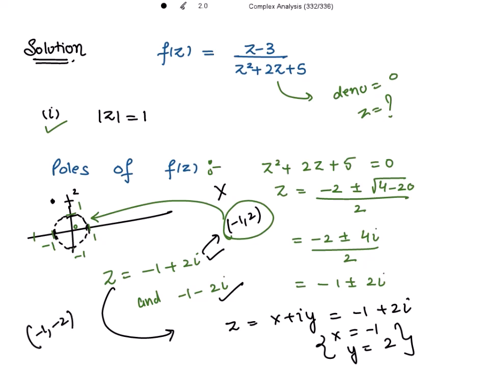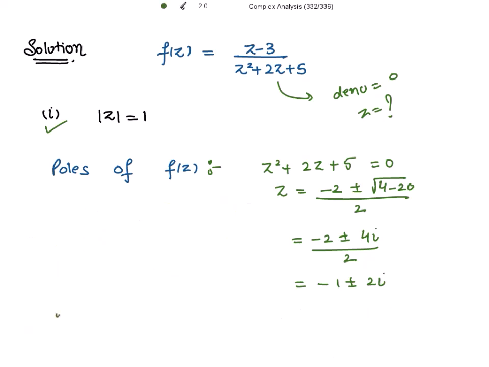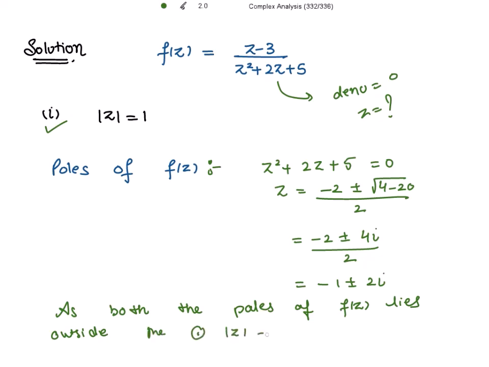This point also lies outside the circle. So both the poles of f(z) lie outside the circle mod z equal to 1.